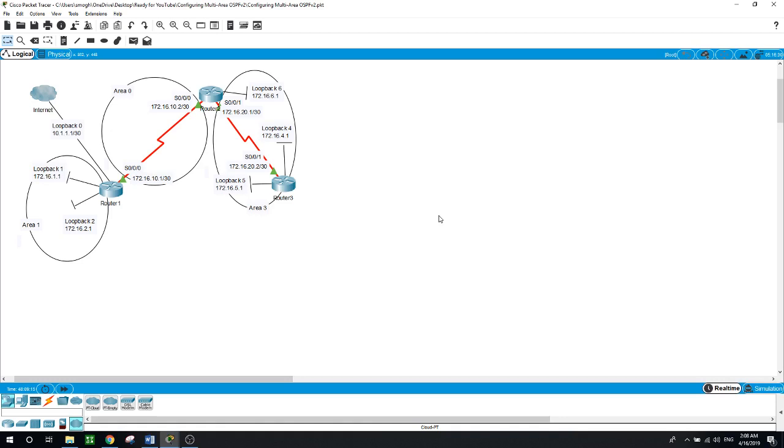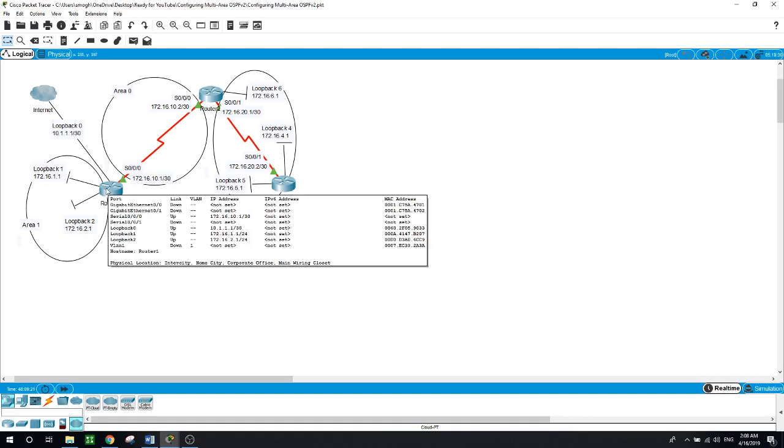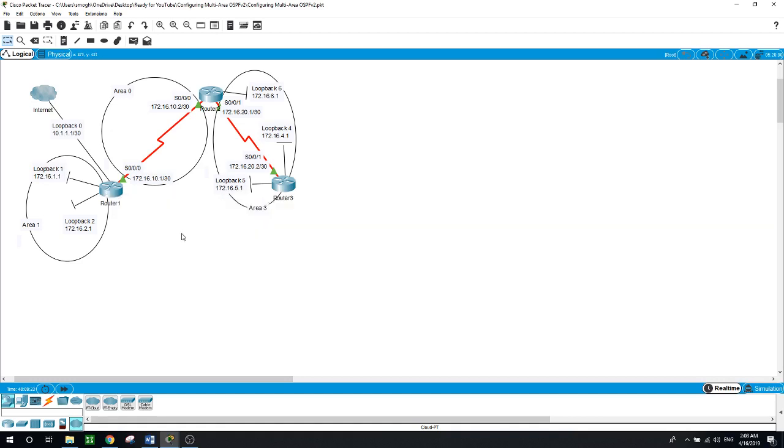The ASBR, autonomous system boundary router, is only router 1 here. Why? Because it's connected to the internet. And the area border routers, ABRs, are router 1 and router 2. Why are they area border routers?